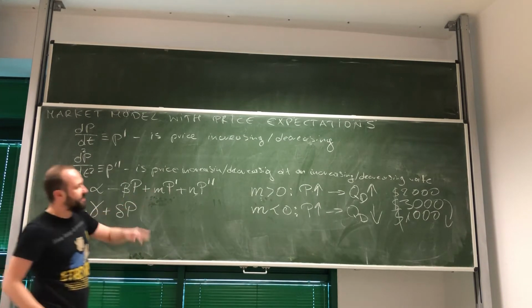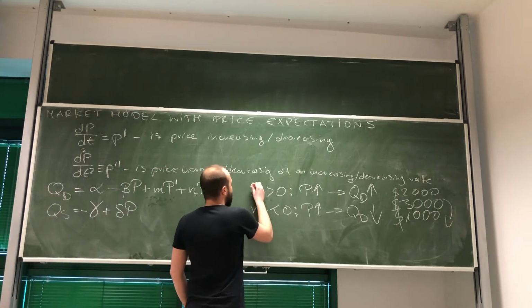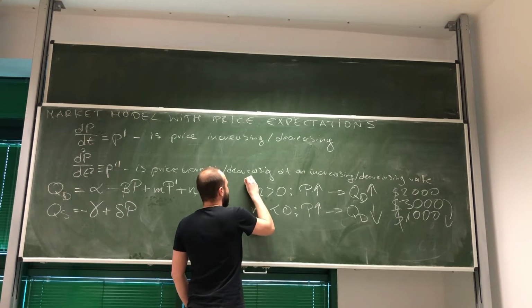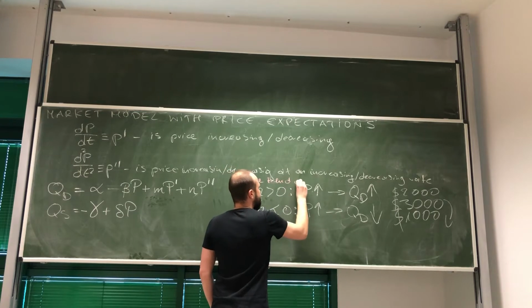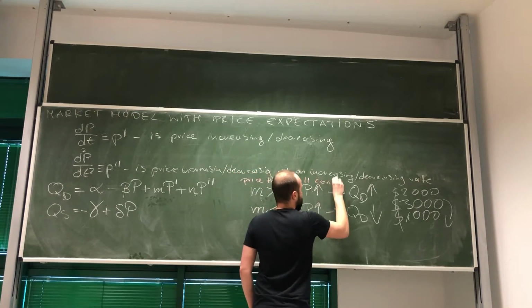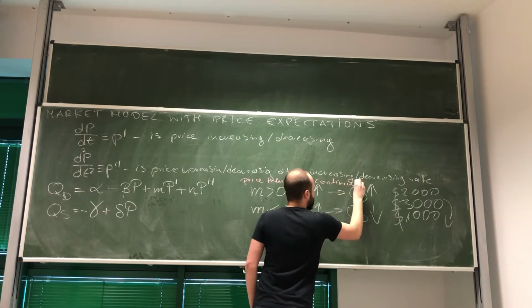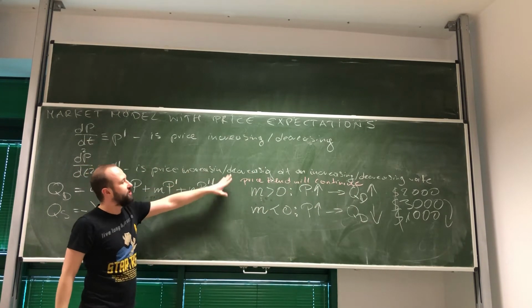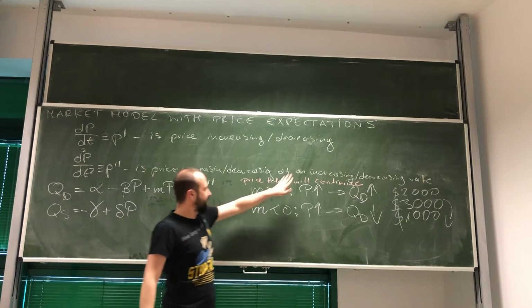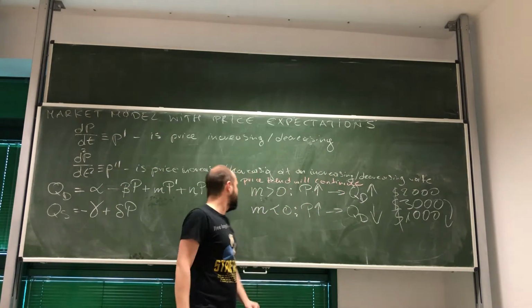So look, if m is positive, it's like the price trend will continue. Right? Customers, agents expect the price trend to continue.